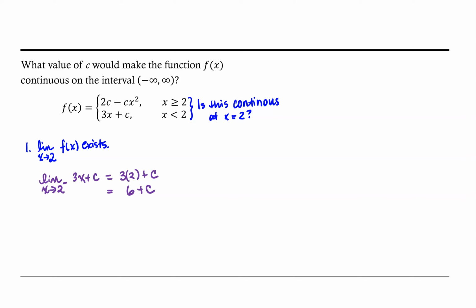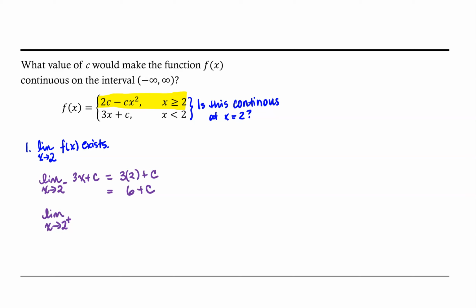Now considering what happens to our function as we take the limit as x approaches 2 from above, this time we're looking at values of x that are greater than 2. So we would be focusing on that portion of our piecewise defined function.